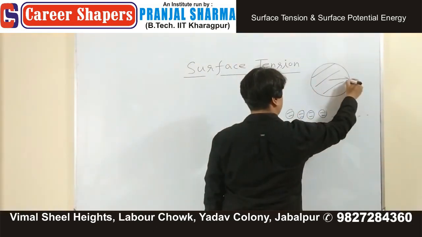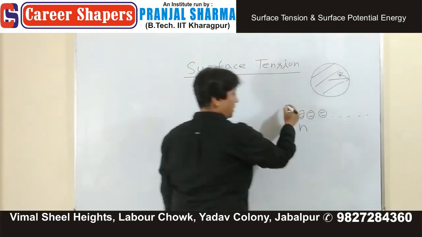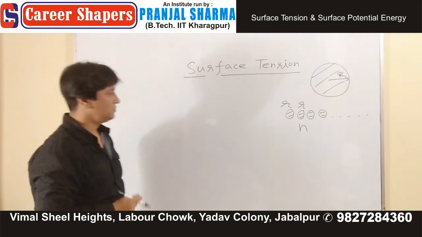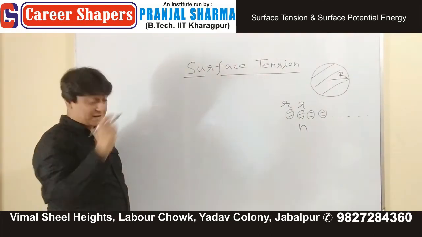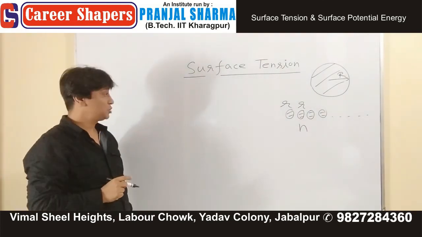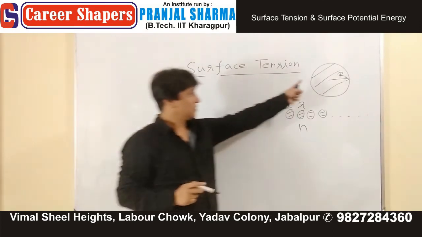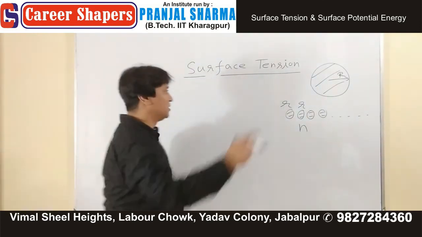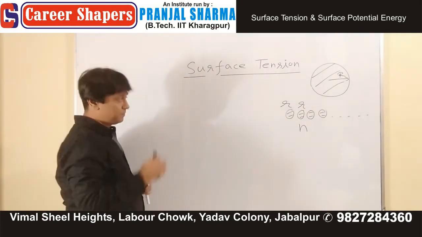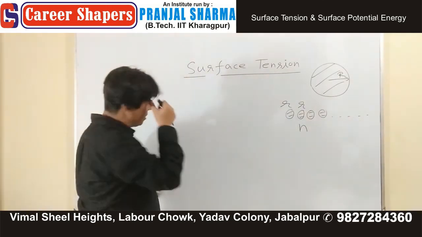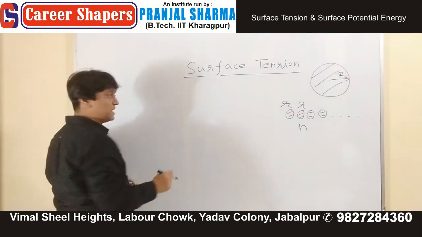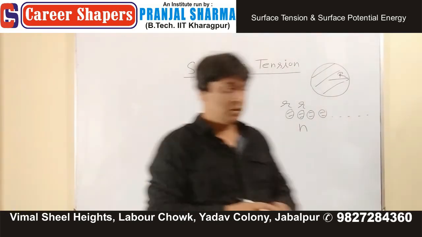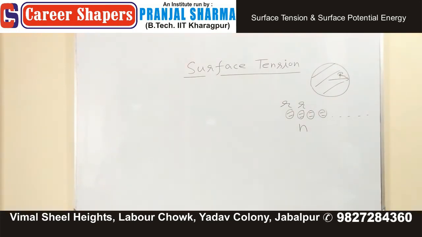Radius of this drop is capital R, and all these drops, their radius is small r. Answer one by one in the comment box, fast. In the first case will surface tension be more, or in the second case? Write down this: for the larger drop or for the smaller drop, for which one will surface tension be more?